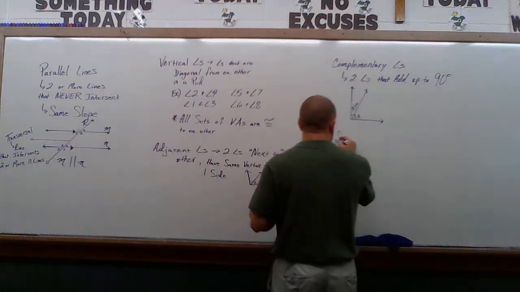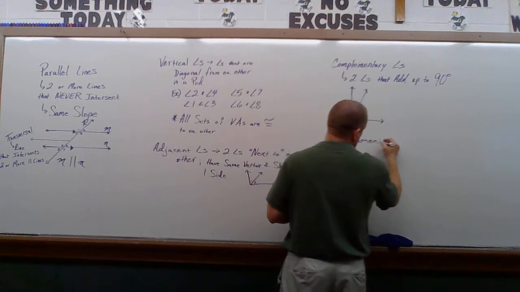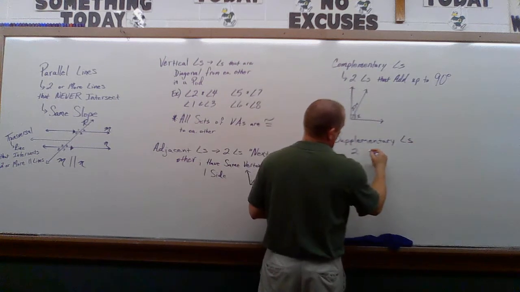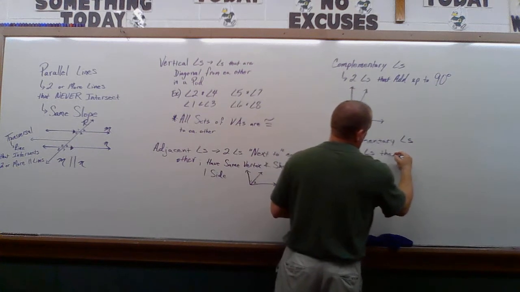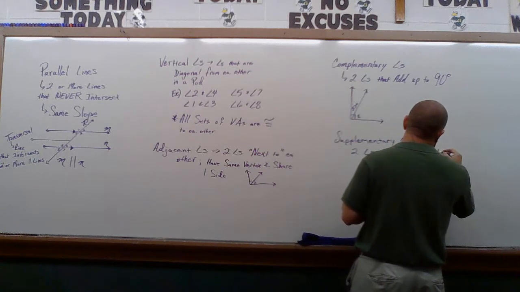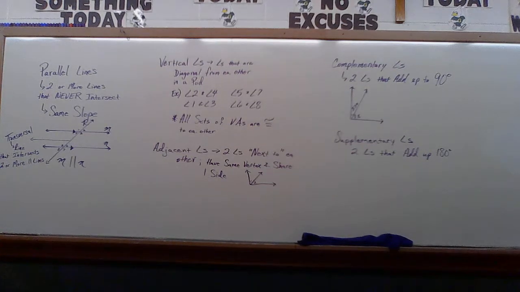Supplementary angles. Is that what? Okay? It's when they both do the same thing. So supplementary angles are two angles that add up to how much? 180. 180? So that's what I was talking about. Yeah, that's what you're talking about.